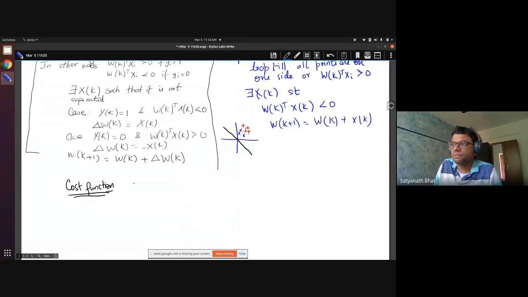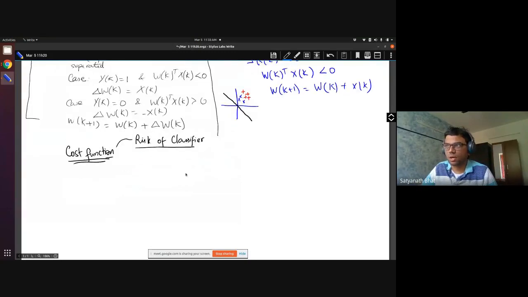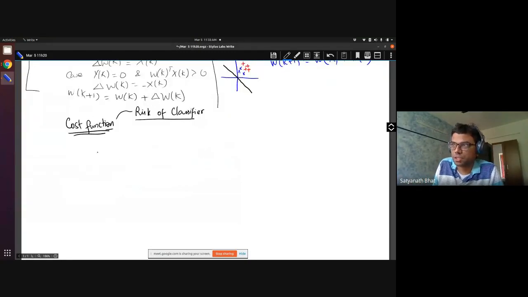In the Bayes classifier, this is what was called the risk of a classifier. Right now we will not see why it is the risk of a classifier, but when we study some other types of classifiers, you will understand that this cost function and risk of a classifier are actually quite similar. So for now, ignore that. Let us just understand what a cost function is for a perceptron.